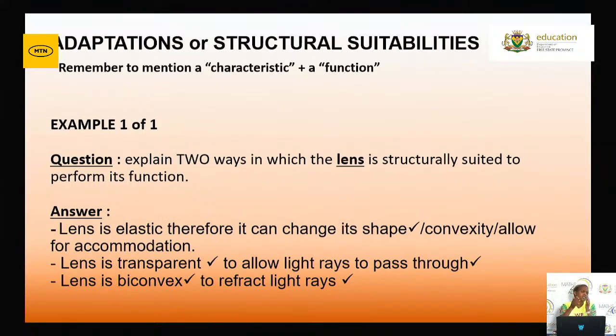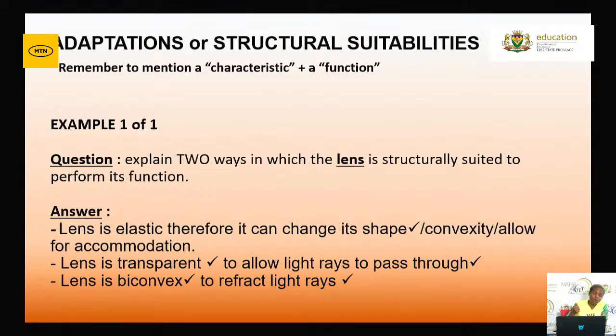That is how you answer questions which are based on structural suitabilities or adaptations. You mention a characteristic and a function. Long legs, and then the advantage of these legs being long: they enable me to walk or to run very fast.